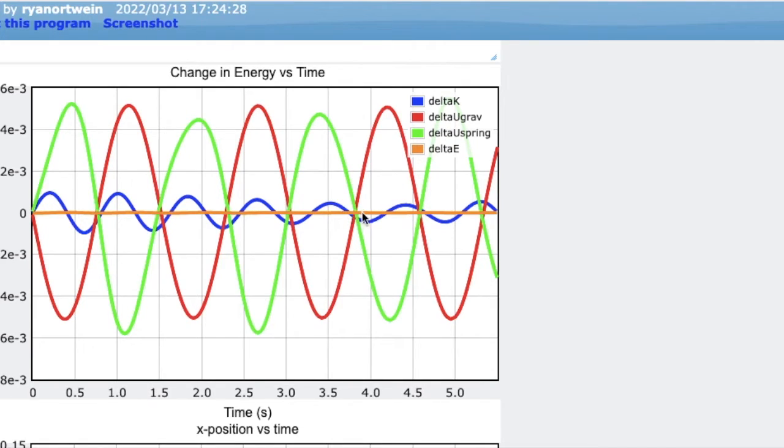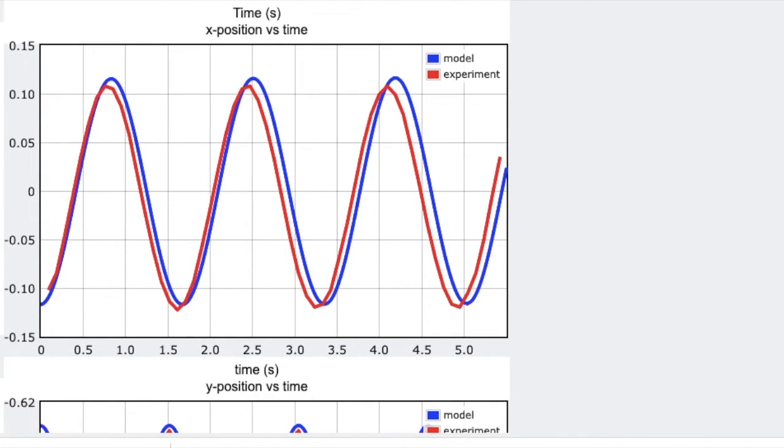This is exactly what we'd expect to see, and it does fulfill the energy principle that if no outside work is being done on the system, there's going to be no change in the total energy of that system.